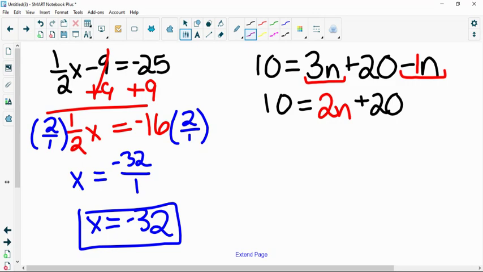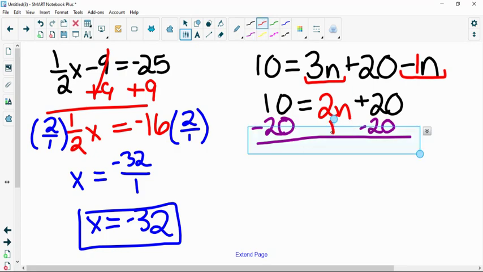The last thing that happened is the plus 20, so I will begin by undoing plus 20 by subtracting 20 on each side. Over here on the right, the 2n is left over. And I need to figure out 10 minus 20.